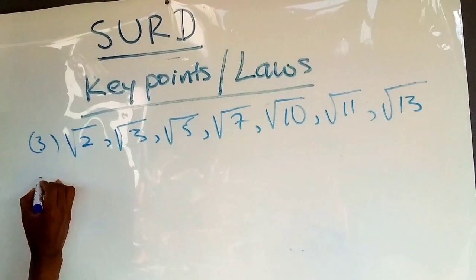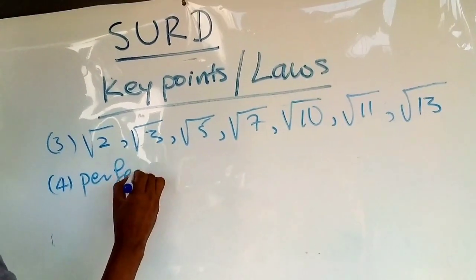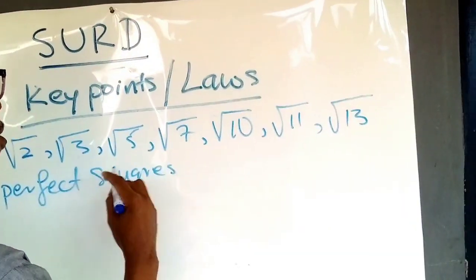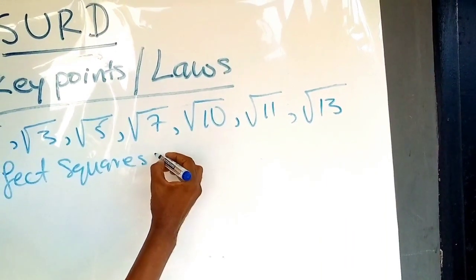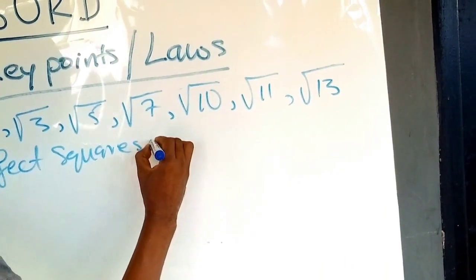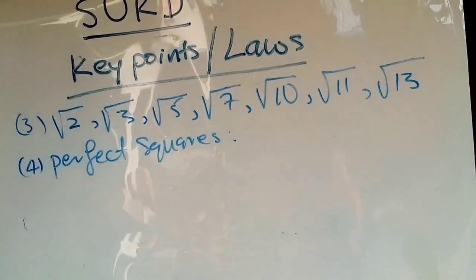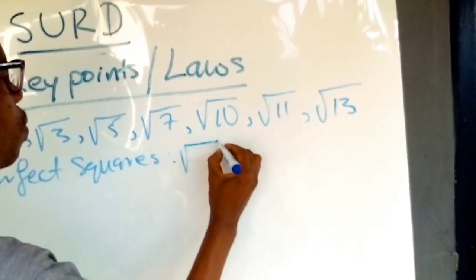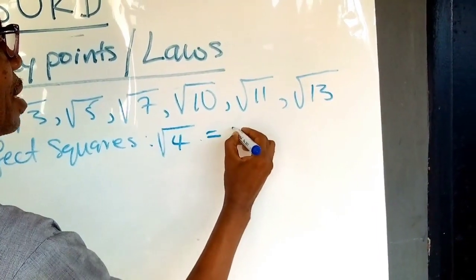Then another important thing you look out for is what are referred to as perfect squares that are often found in some examination questions given to us. Perfect squares, like I give the common ones we see in our calculations every day. We have perfect squares like square root of 4, which is the same thing as 2.